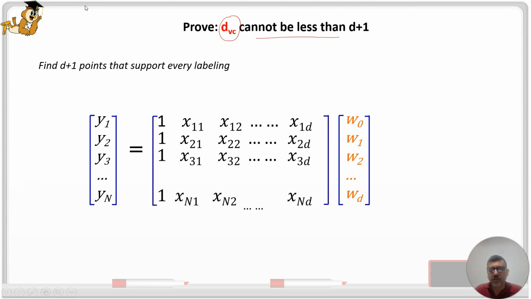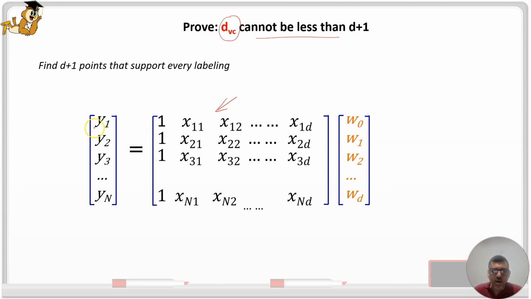Okay, let's look at the vector matrix equation. These are the outputs y1 through yn. This is the matrix of inputs, and these are your weights, right? So the resulting value of y is essentially this matrix multiplying the vector of the weights. We have seen this earlier when we did the binary linear classification.